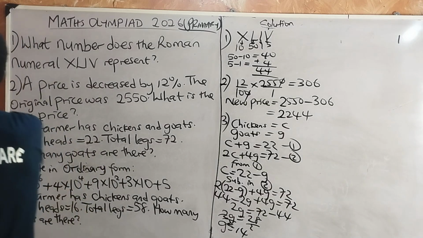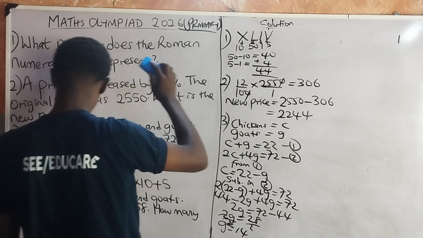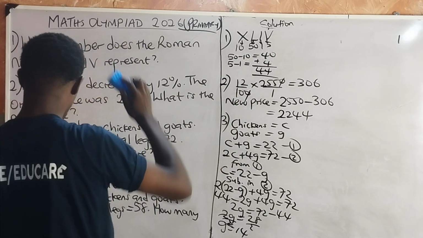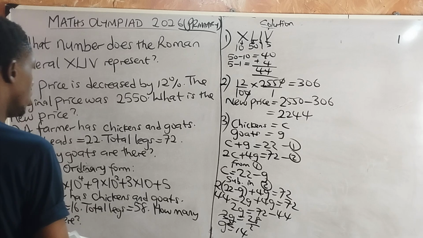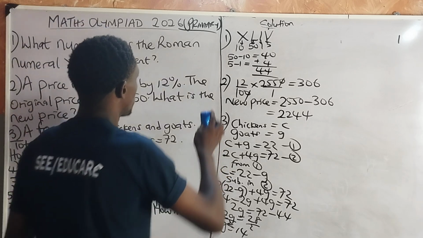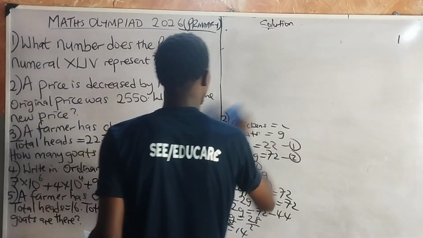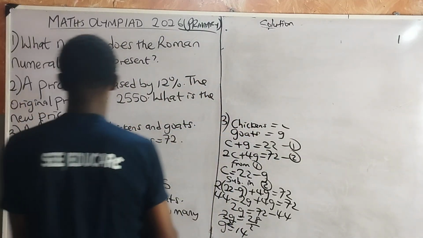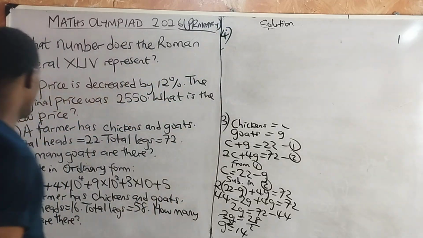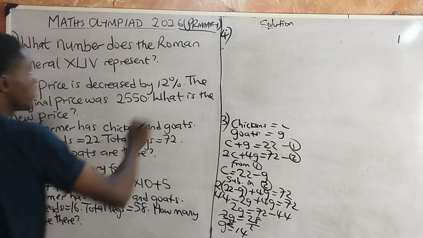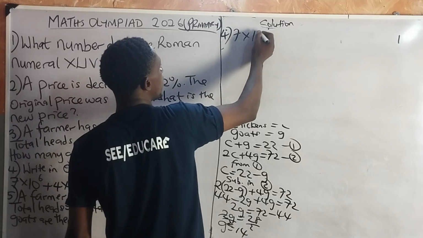Let's go to number 4 question. Write in ordinary form. We have 7 times 10 raised to the power of 6.